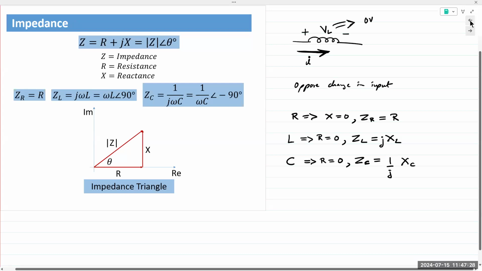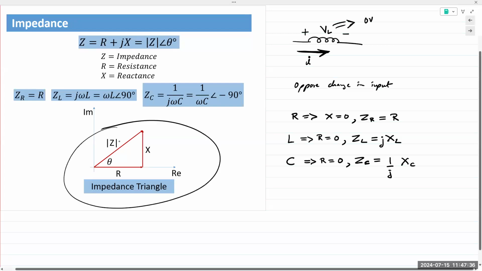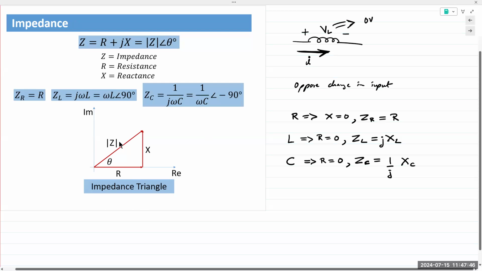And because we are using both polar coordinates and rectangular coordinates to describe it, we can describe what is known as a graphical illustration for the impedance, the impedance diagram. The impedance diagram is plotted with the resistance R on the real axis and the imaginary reactance on the y-axis.